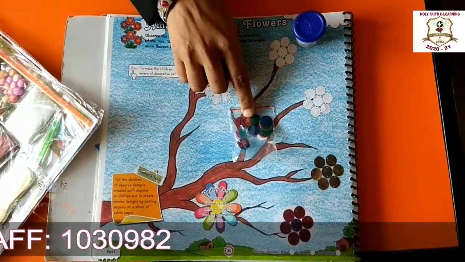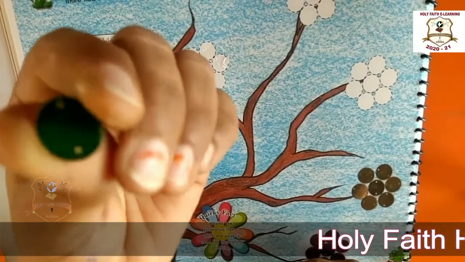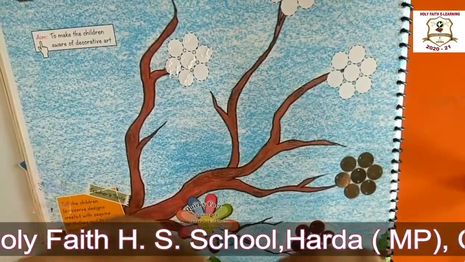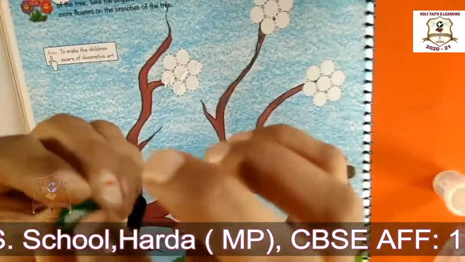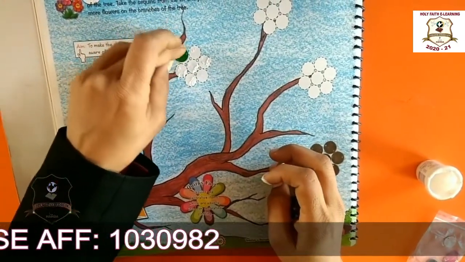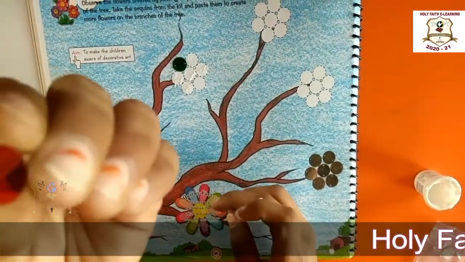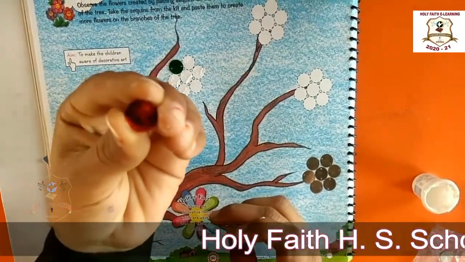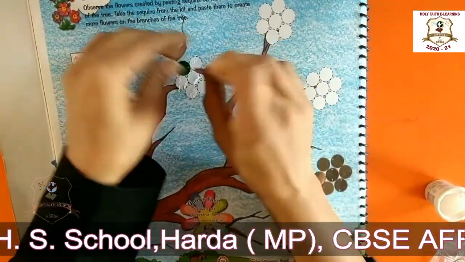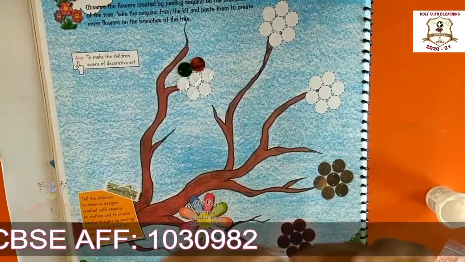Okay, let's start. Give me a sweet smell of flower. Oh flower, you are so wonderful. When I see you all, I will be attracted.